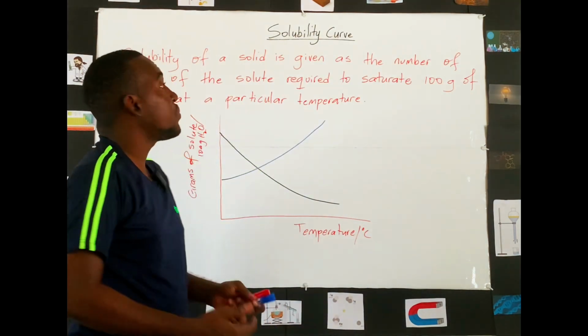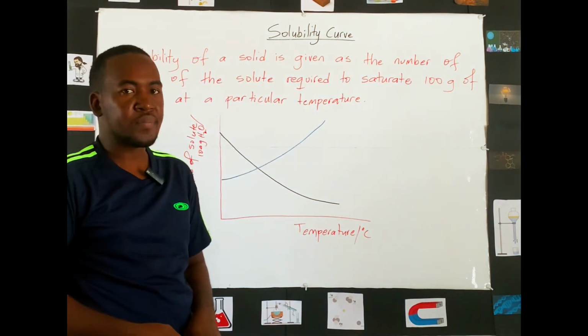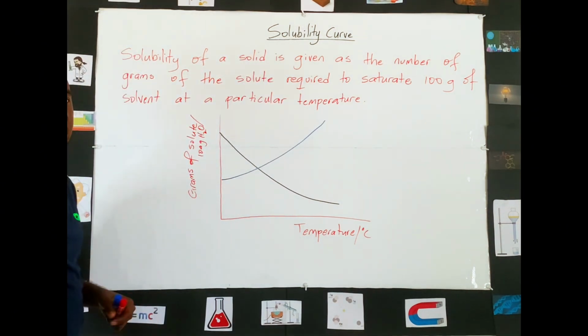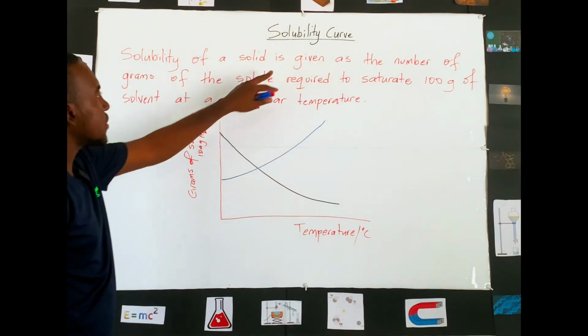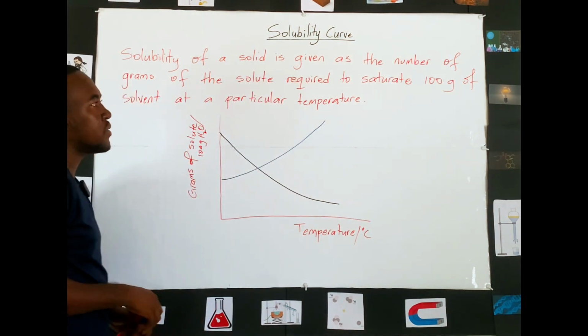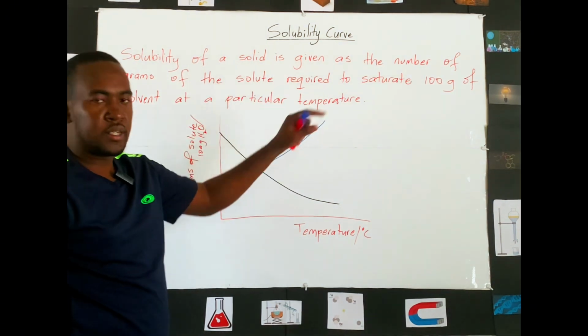Alright, so the final part of today's lesson will be on the solubility curve. Now, first thing to know is what solubility is. The solubility of a solid is given as the number of grams of the solute required to saturate 100 grams of solvent at a particular temperature.